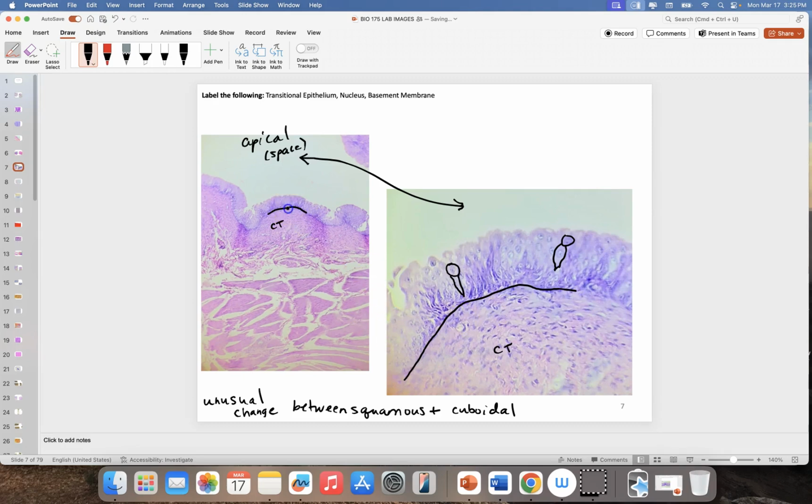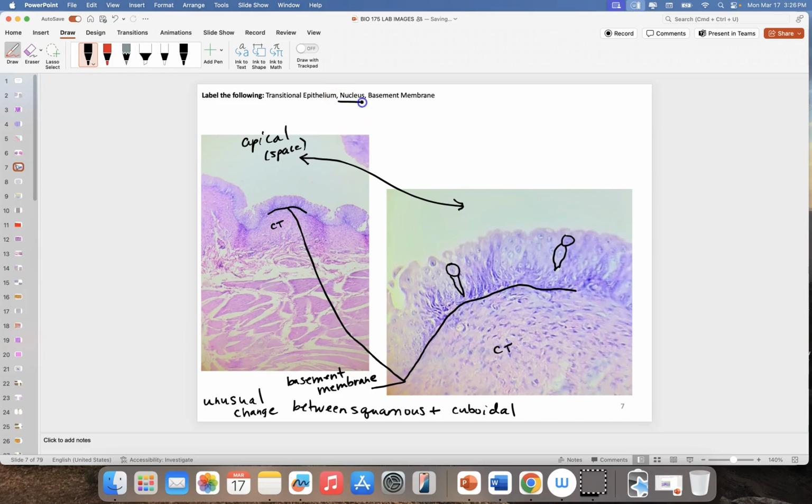And this is going to allow us then to find and label the basement membrane. It's going to be opposite of that apical surface, and it's going to be where the epithelial tissue is binding to that connective tissue.